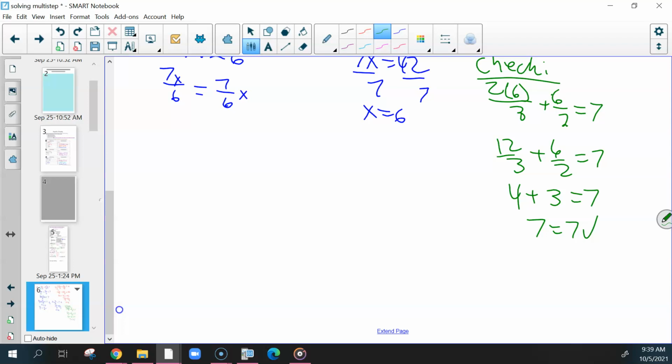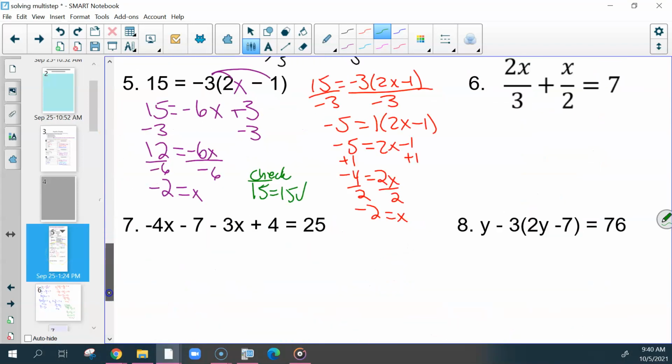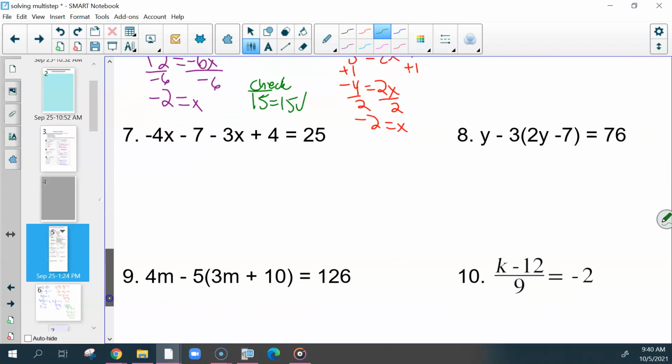We're going to do one more together, then I'm going to let you, for the remainder of class, try the others. Looking at 7, 8, and 9, of those 3, which would you like to do together? 9.